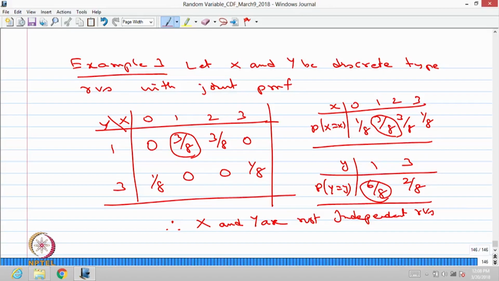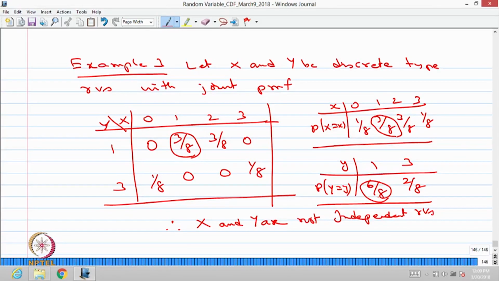That means y itself is a function of x, so y is dependent on x. Therefore, there is a dependency between the random variables y and x in the definition itself. From there we can conclude they are not independent random variables, but we have concluded that from the distributions also.